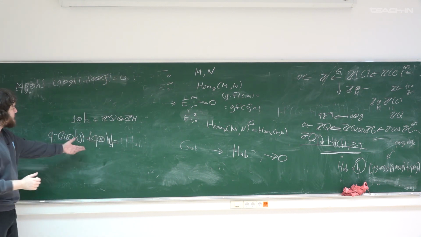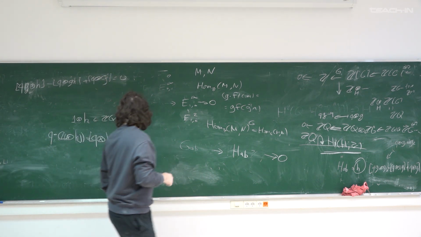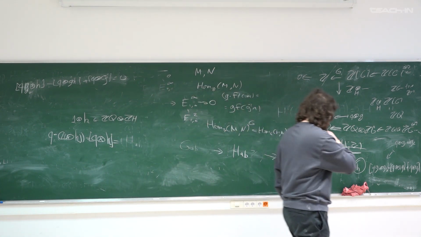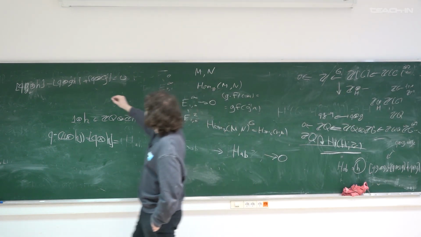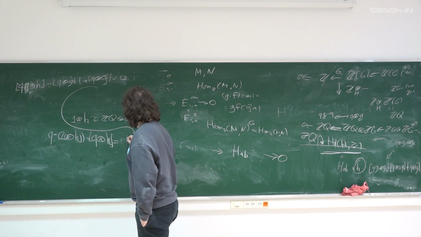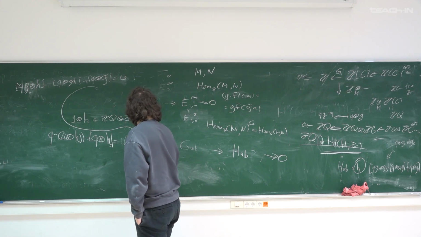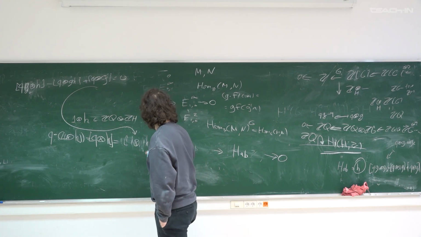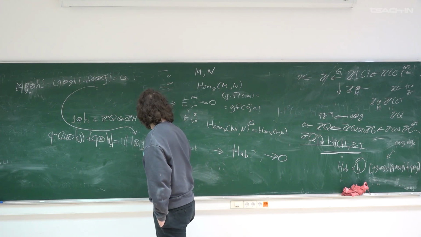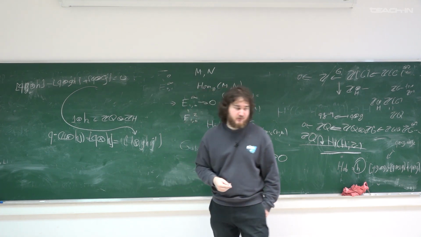Modulo this relation, I want to rewrite this thing. How can I do this? I want to obtain from this relation something like this, where G is the representative of Q. That is what I want to check.